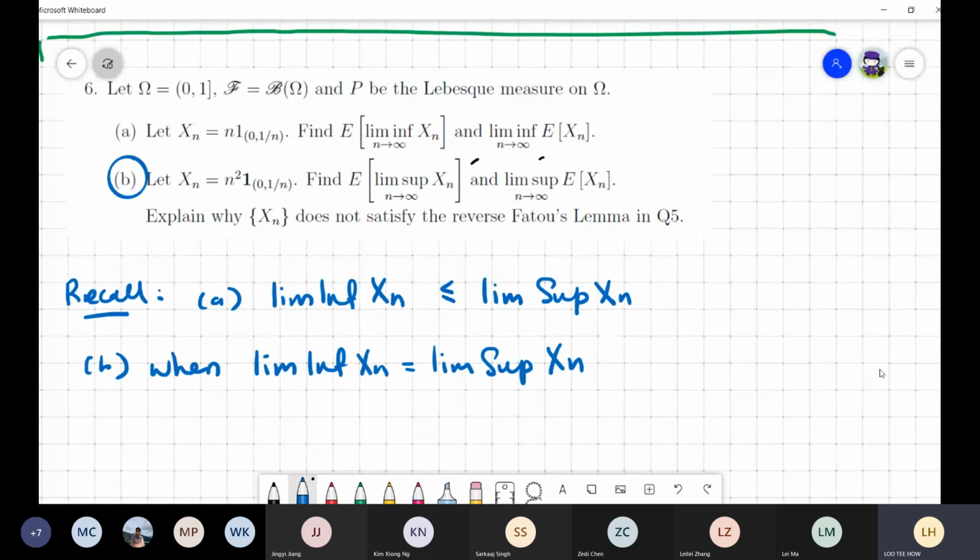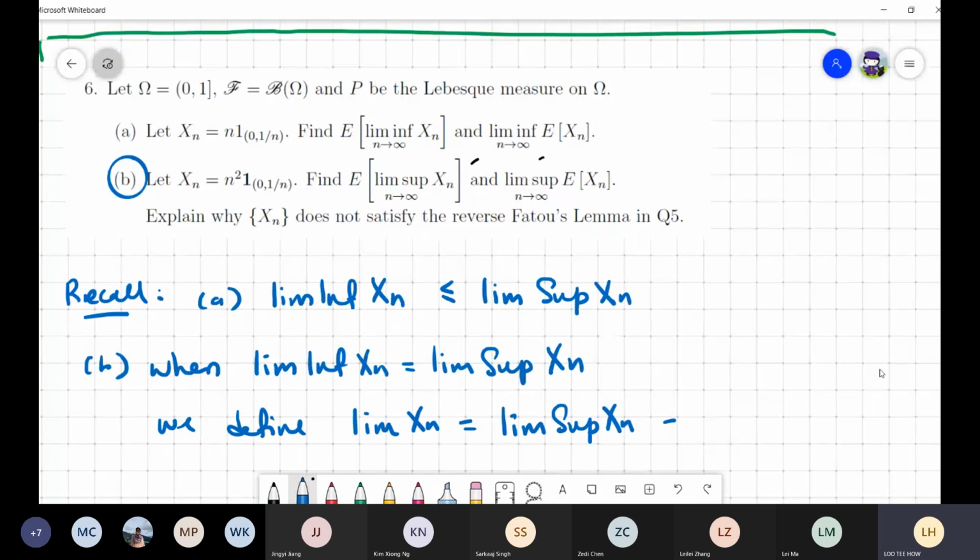when liminf of Xn equals limsup of Xn, then we simply define the limit of Xn to be this.